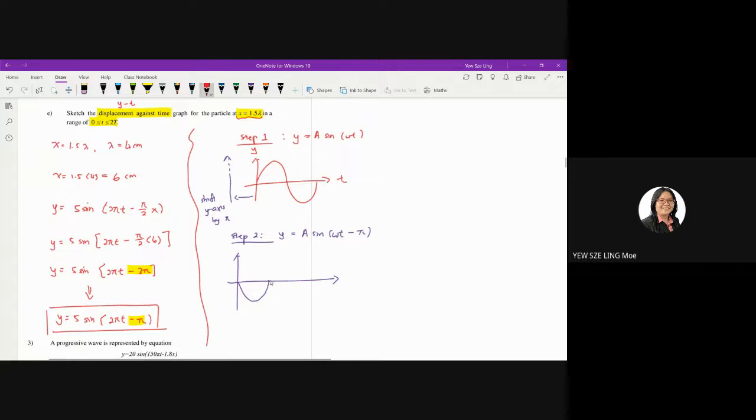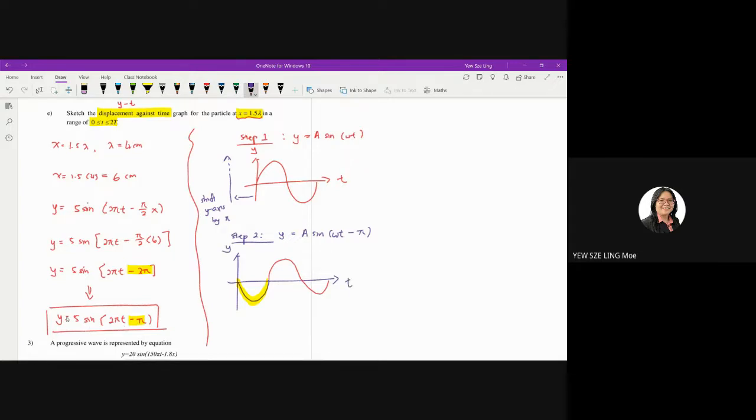So the initial graph, you still keep it, the initial shape. But now you shift the y-axis, therefore you add an additional pi radian here, an additional half cycle because of pi. So you have a y against t again. I think that's all.